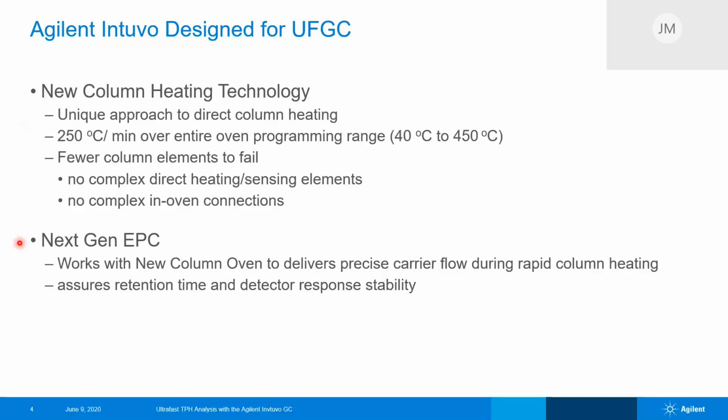The working of these two elements, the column heater and the EPC, gives us precise flow and precise heating. That will assure that the retention times are consistent, as well as give us more stable detector response.